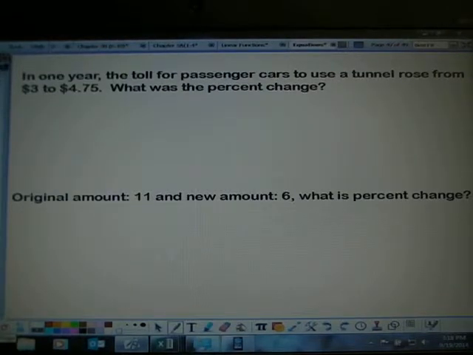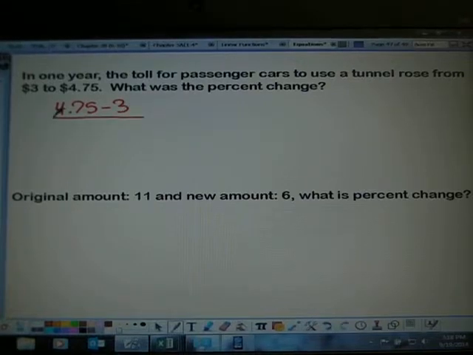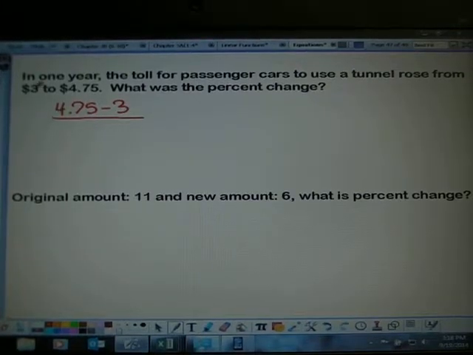In 1 year, the toll for passenger cars to use a tunnel rose from $3 to $4.75. What was the percent change? Bigger number minus smaller number over the original. What did it start at? It started at $3. Subtract your numbers, you get $1.75 over 3.